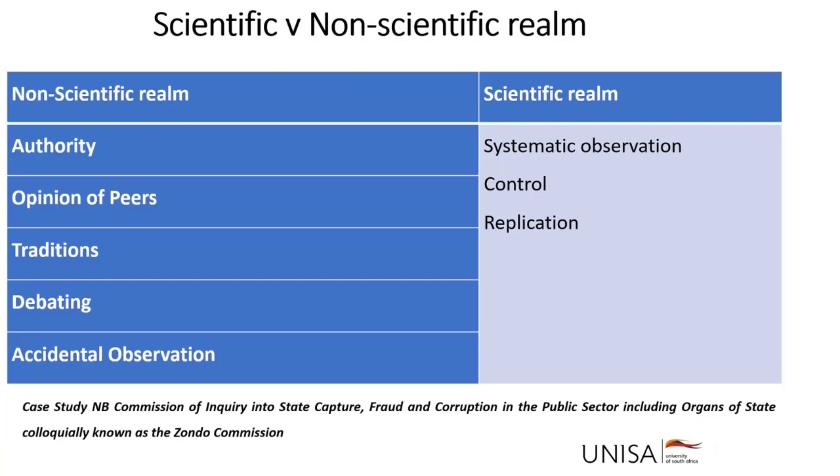Those are the factors that define science. Given what you know up to this far, where would you place the Zondo Commission, a commission of inquiry into state capture, fraud, and corruption in the public sector, including organs of state, in terms of non-scientific and scientific, and why?